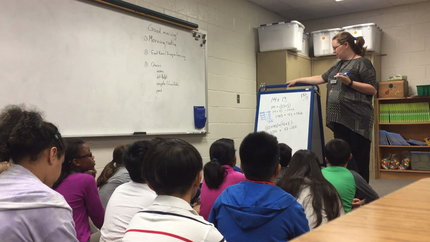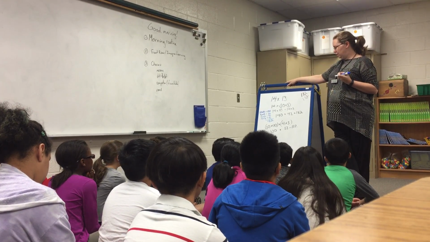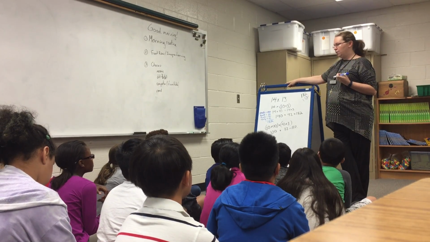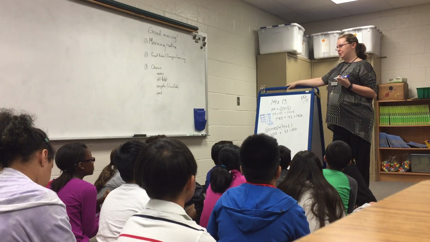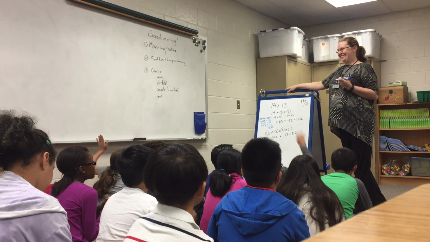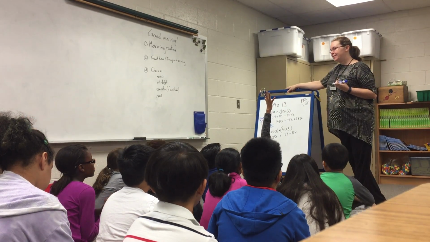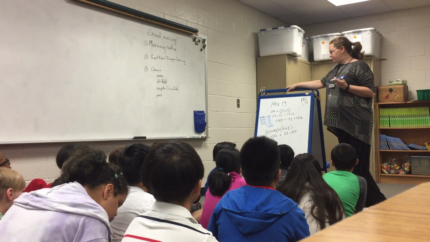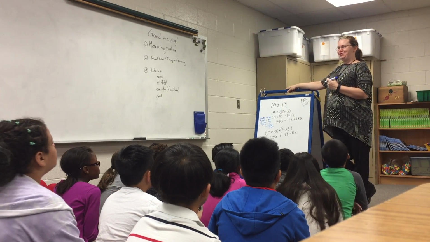She didn't do, if she was going to do that strategy, she would have to do 3 times 10 and 4 times. Why? Because you have to multiply all of the numbers. Okay. How do you know that you have to do that?